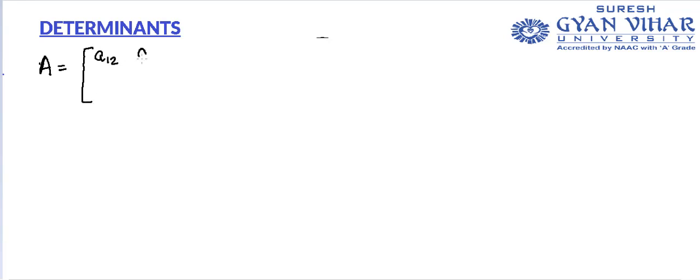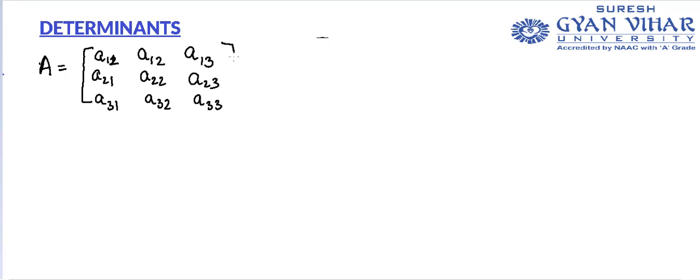It is A11, A12, A13, A21, A22, A23, A31, A32 and A33, right? So it is a matrix.